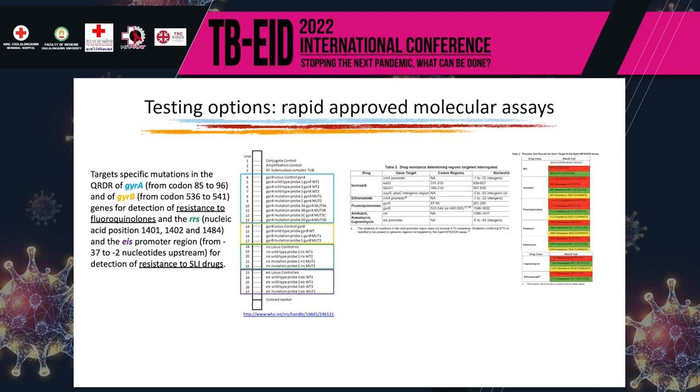We now have a new test that has the advantage of working on the Xpert platform, so being more user-friendly, that in addition to the fluoroquinolone determinants adds the isoniazid determinants that for the LPA were included in the first-line screening, and targeting the inhA promoter can give us information about ethionamide.